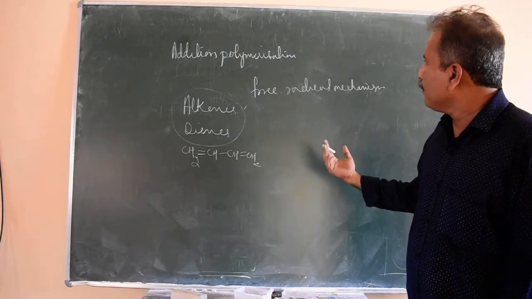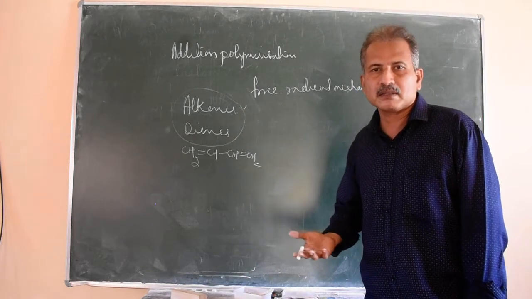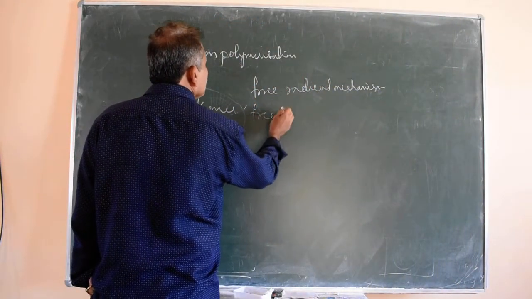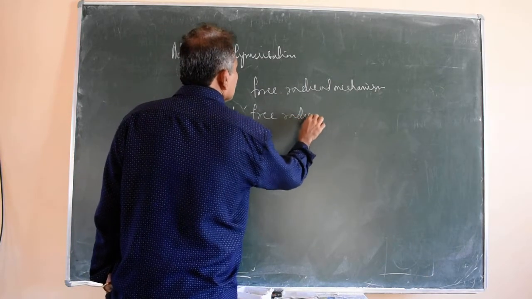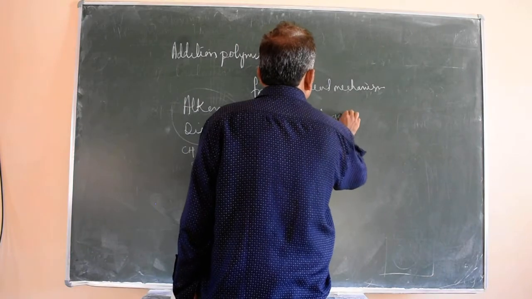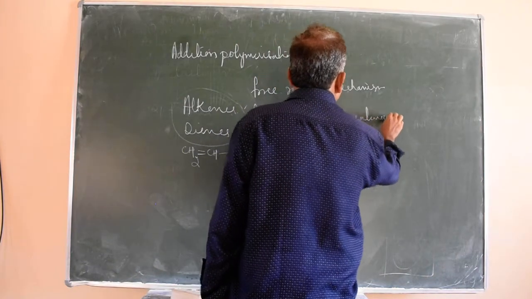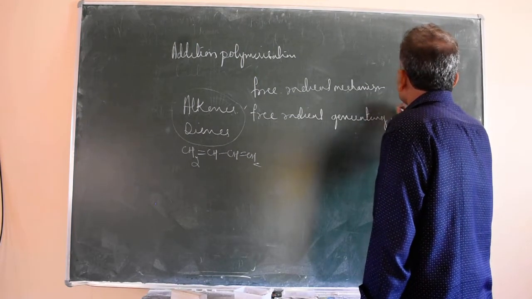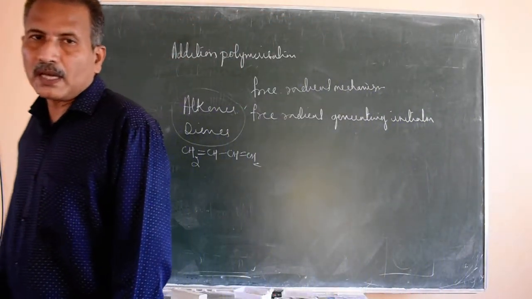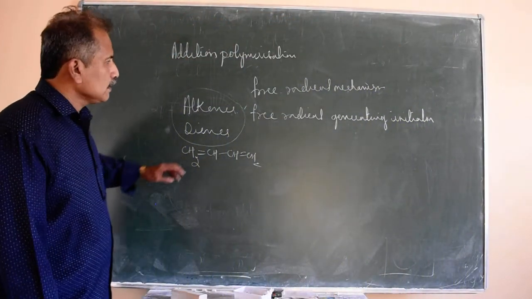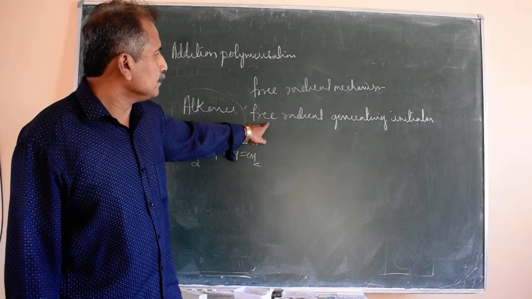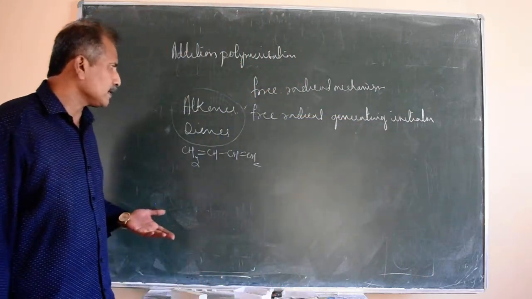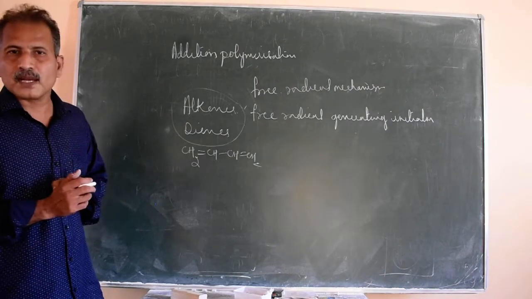But they always need a catalyst. That catalyst is called the free radical generating initiator. So, alkenes, dienes and their derivatives, in presence of free radical generating initiator, which is the catalyst, can undergo addition polymerization.